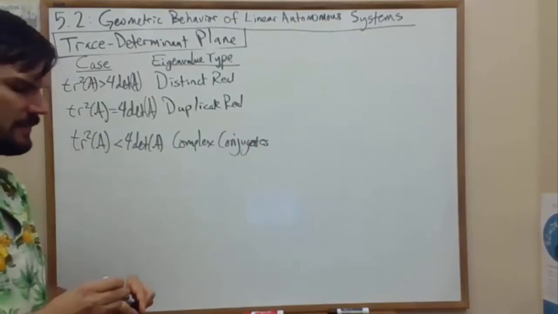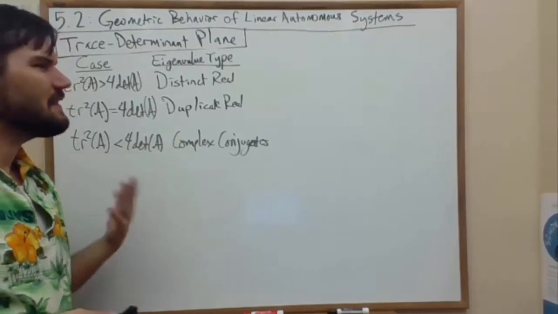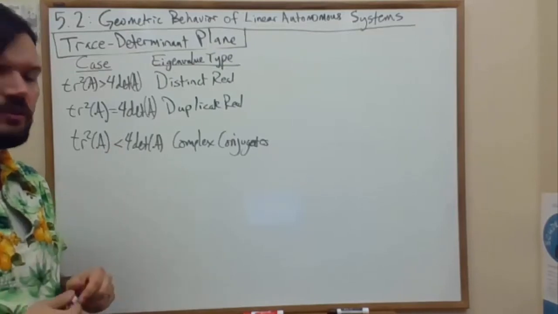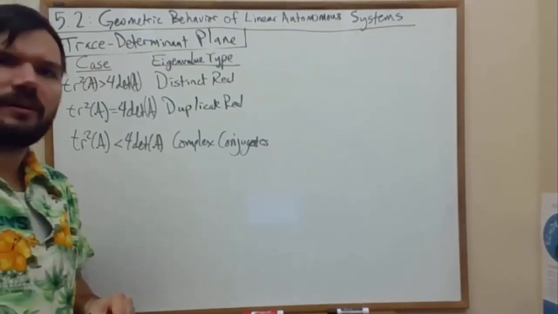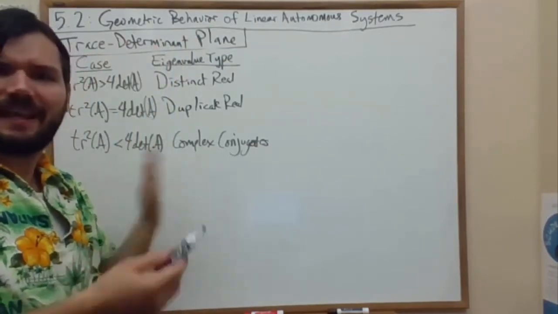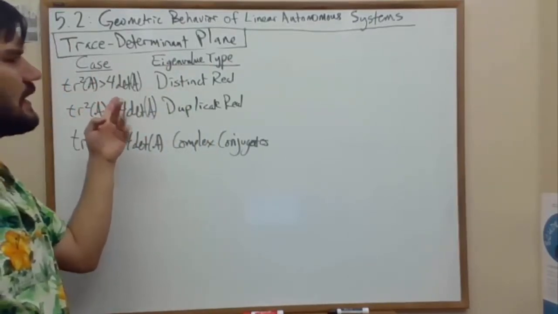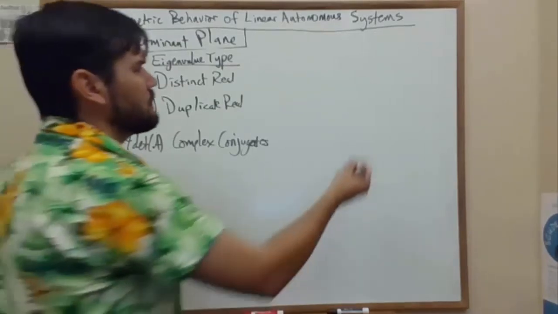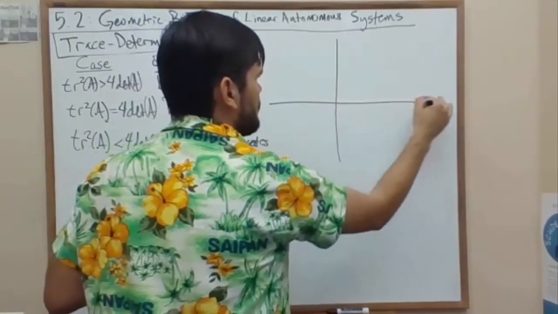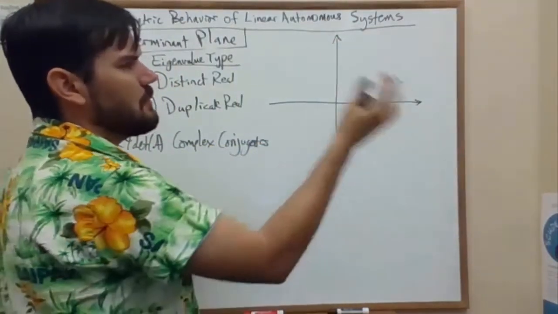Okay, so those are the three types based upon the solution techniques. But these three types actually break down a little bit further in terms of behavior of the solution. So I'm going to draw the trace-determinant plane, or a graph that helps me analyze the combinations of these two things, the trace squared and the determinant of A, in various combinations. So I first have my axes and I determine which one is which.